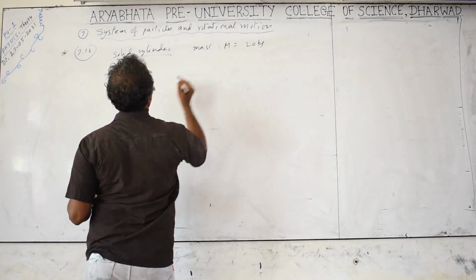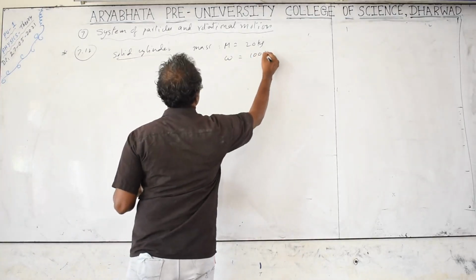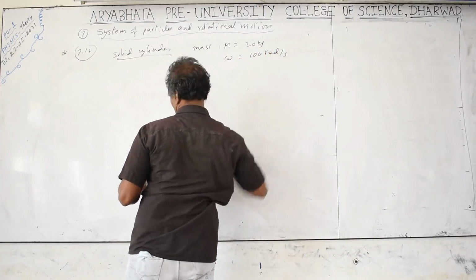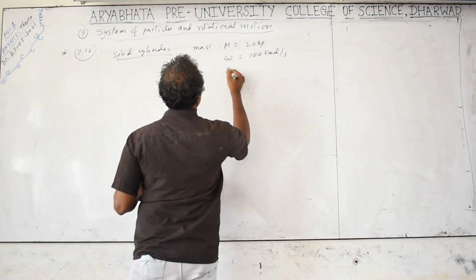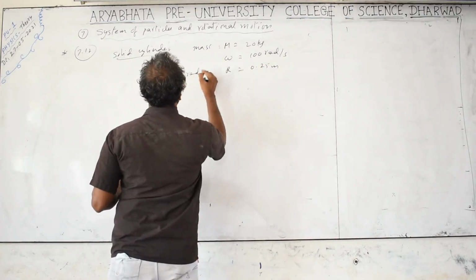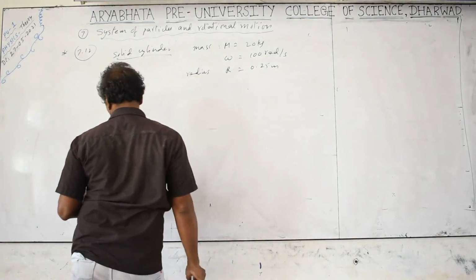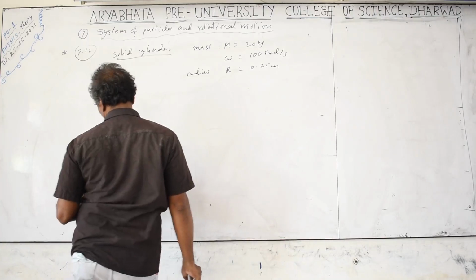Angular velocity is 100 radian per second. Radius is 0.25 meters. Length is not required for this case. Find rotational kinetic energy and angular momentum.